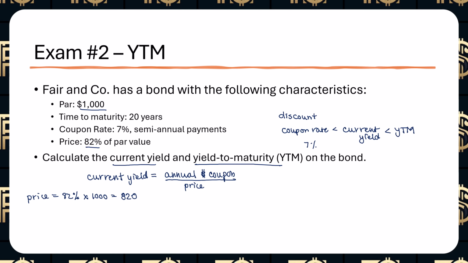We'll go ahead and find the annual dollar coupon. The annual dollar coupon is the 7% coupon rate times $1,000 par value, or $70. So the current yield here should be 70 divided by 820.